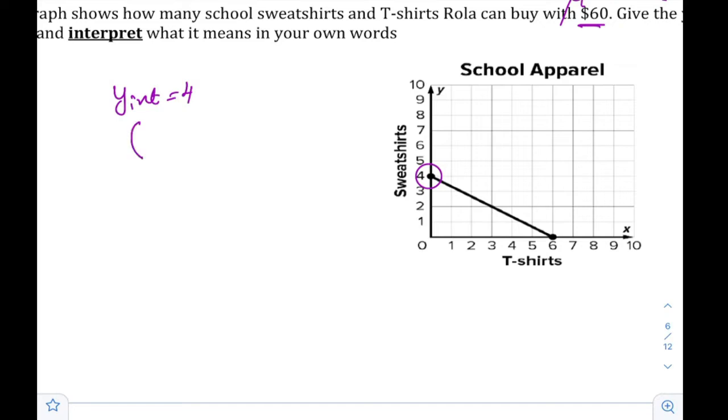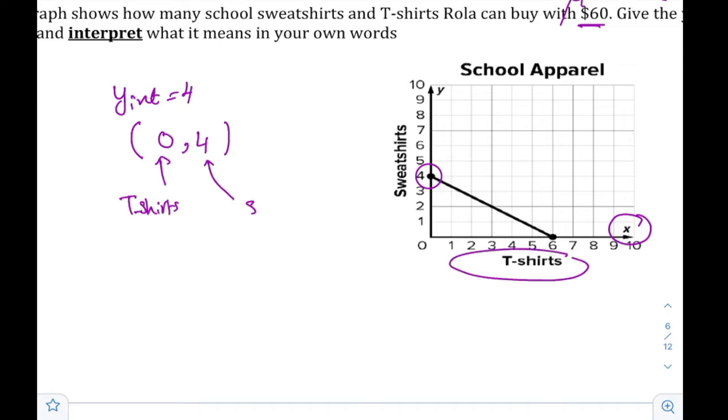Y-intercept is usually when x is 0, so this corresponds to this point. As we see here, the x-axis represents the t-shirts, so this is the number of t-shirts. The y-coordinate represents the sweaters or sweatshirts.